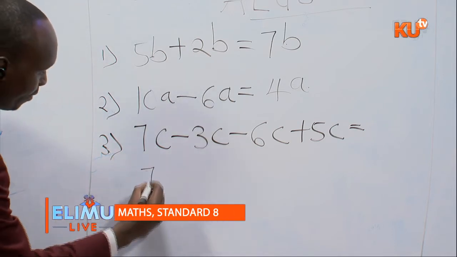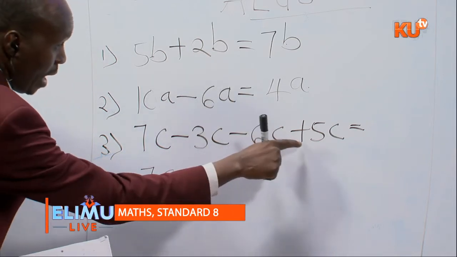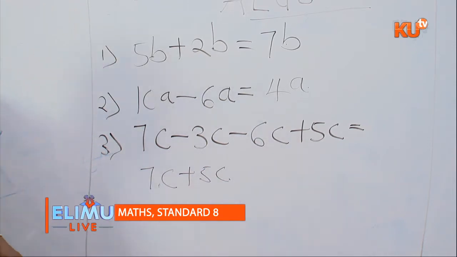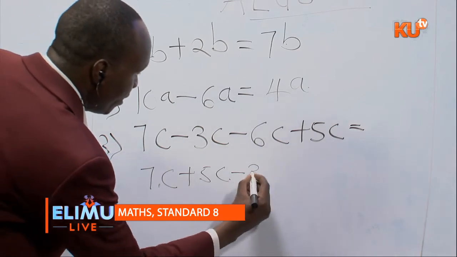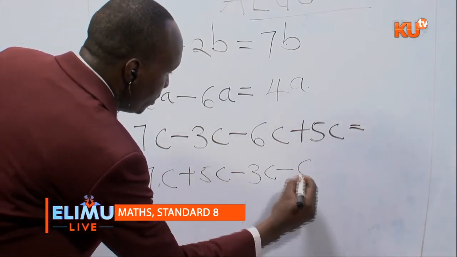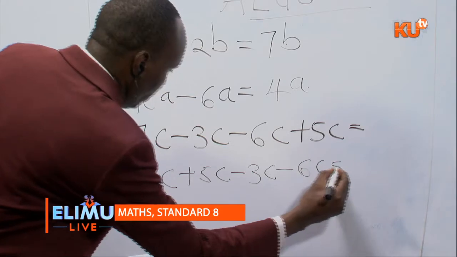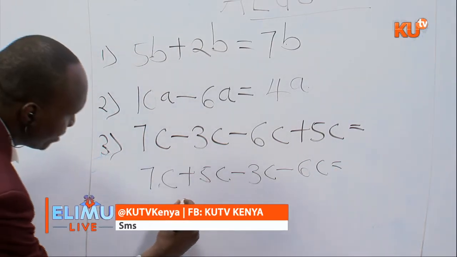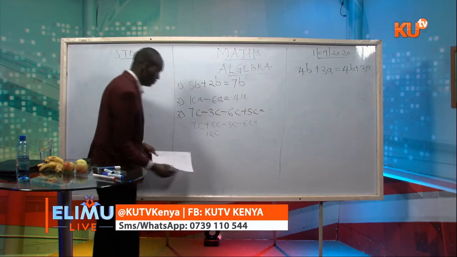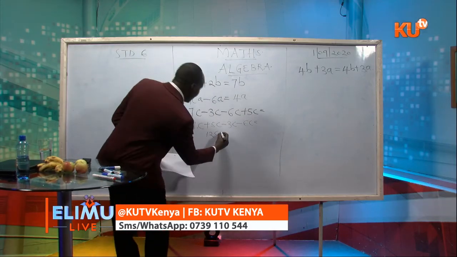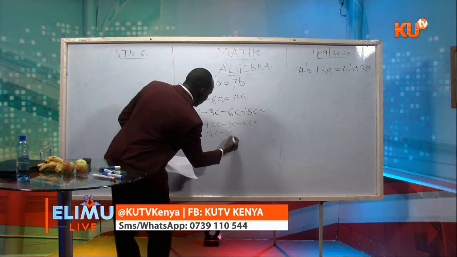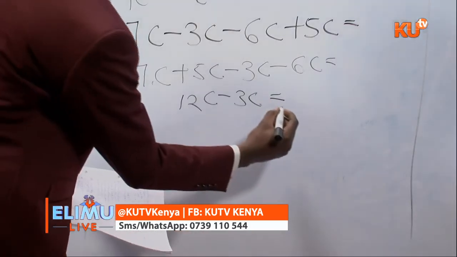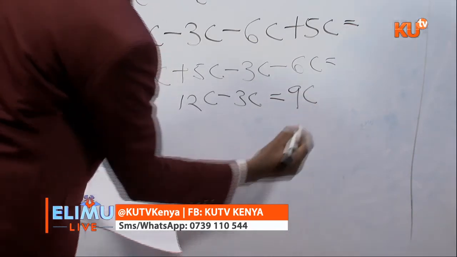So we shall have 7c. Our addition sign is plus 5c. Take away 3c. Take away 6c. 7c plus 5c, we shall get 12c. Take away 3c, we shall get 9c.